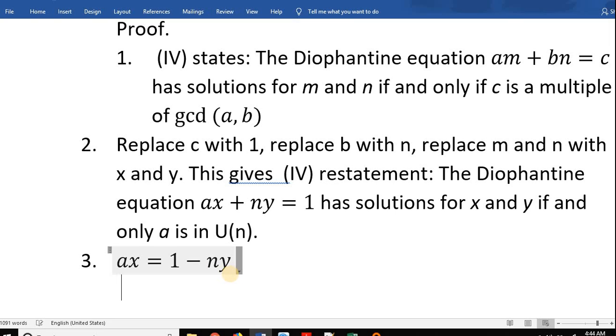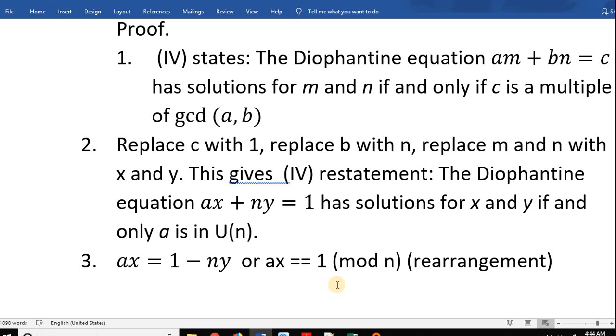Now, what's another way of saying that? Or ax is equivalent to, I'll write equivalent this way, 1 mod n. Okay. Now see, that's starting to look like inverse. So this is just rearrangement.